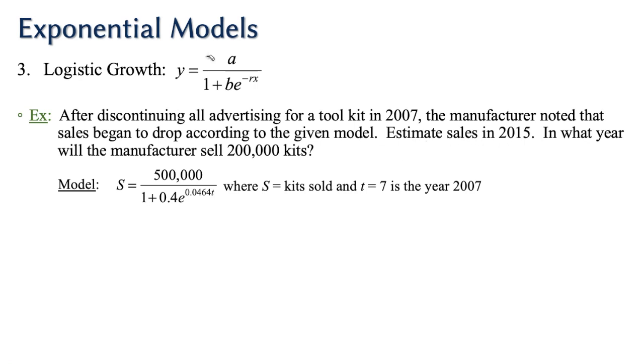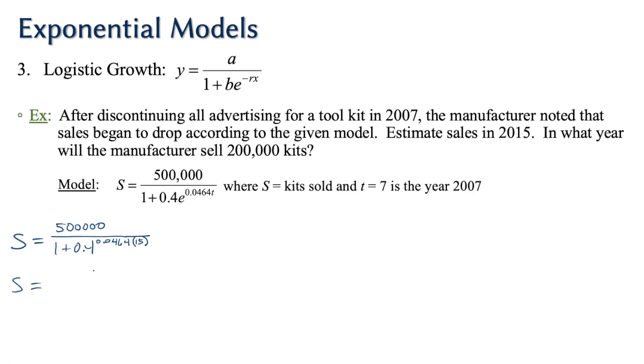So let's estimate the sales in 2015 first. To do that, we're simply going to solve for S using our calculators. We take our 500,000 and divide that by 1 plus 0.4 raised to the e to the 0.0464, and because we're looking for the year 2015, we plug a 15 in there because T stands for the number of years past 2000, since T equals 7 corresponds to the year 2007.